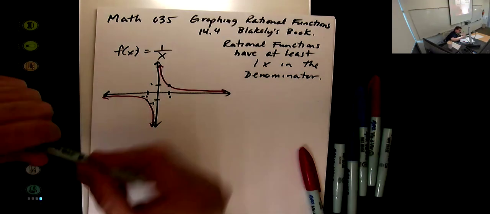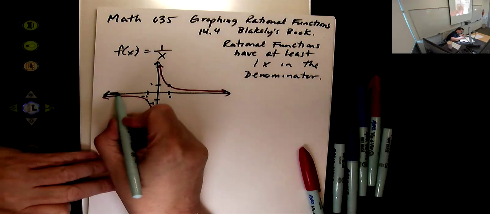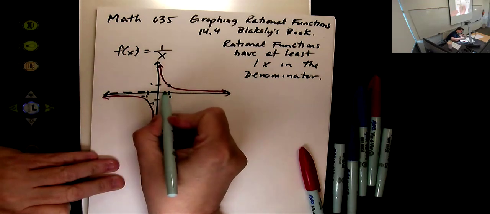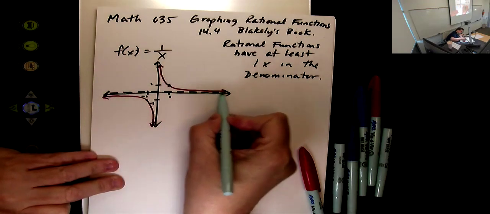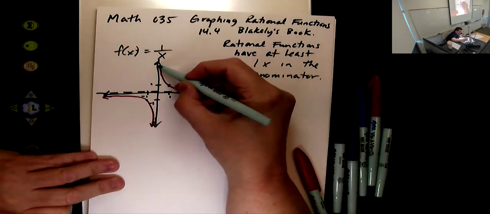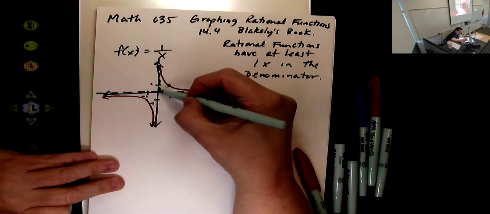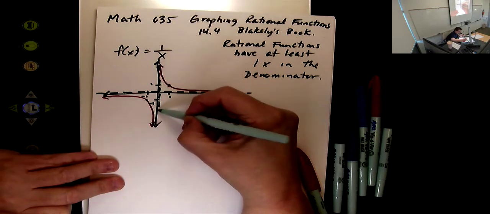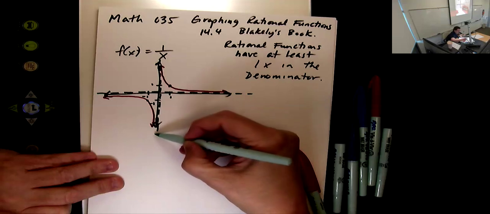If I put a little dash line right there, and a dash line right here, and the only reason it's not on the black line is so that you can see it. It should be on the black line.